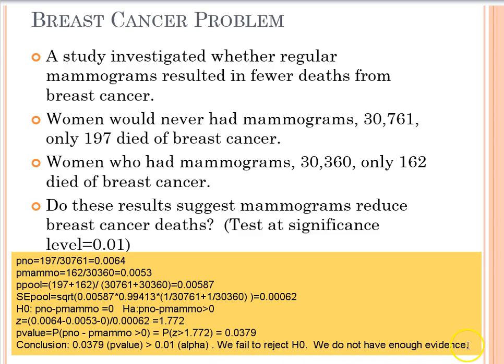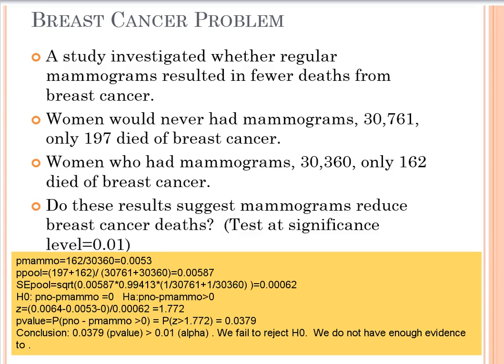We do not have enough evidence to suggest a difference between these two groups of women. This is largely because we predetermined that significance level, saying that we are requiring a very, very large level of evidence, and so that's going to make your alpha have to be really small.